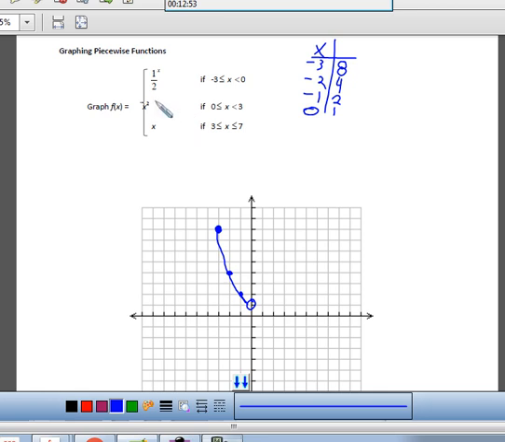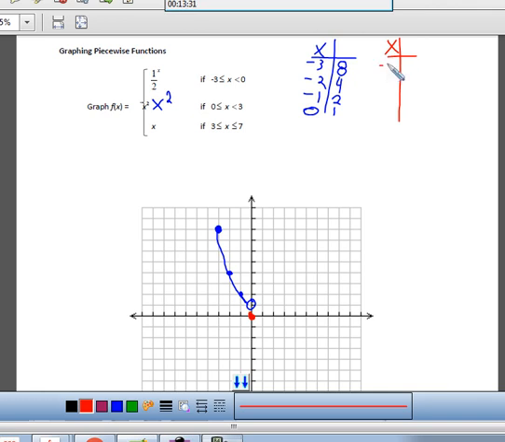I know this one doesn't look very clear, so this is going to be a quadratic going from 0 to 3. Notice that when it's 0, 0 to the second power is just 0. So this one is actually going to start below here. It's going to be a shaded in circle. And so you want to do the table for this one as well.